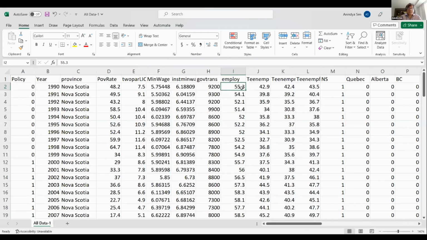Now, the beauty of regression analysis is that we don't have to restrict our analysis to one variable, right? When you look at correlations, you look at the correlation between y and x. But with regression analysis, since all we have to do is keep including more variables on the right-hand side, we can look at the effects of the minimum wage on poverty rates, but controlling for other factors such as government transfers and employment rates, right?